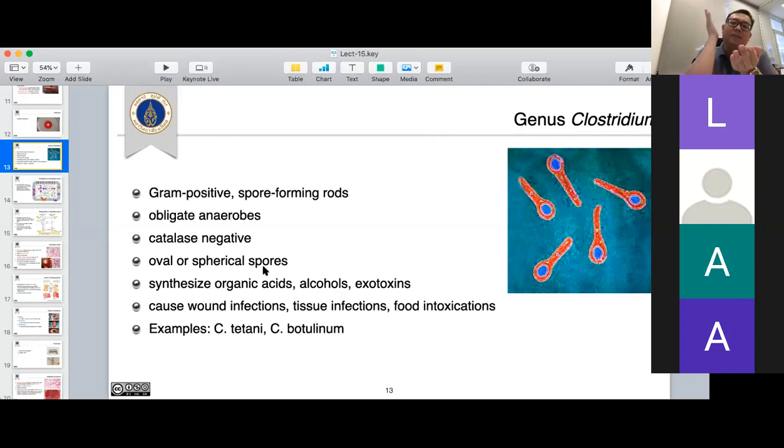So once an animal bite or knife cuts into very deep tissue, when the knife is pulled out, the tissue will come to close each other, and that area is an anaerobic area. We believe a rusty knife or rusty nail that pierces your skin might contain so many spores of Clostridium.